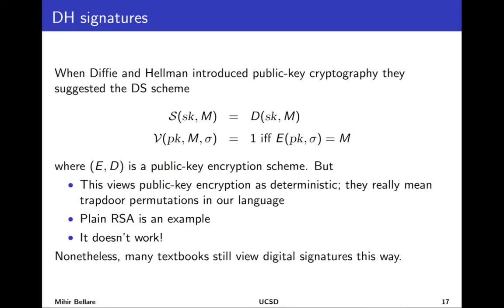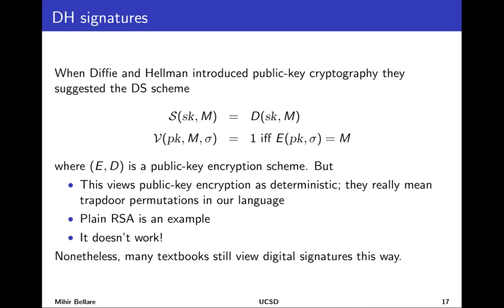In other words, they said when you want to sign a message under some secret key, you treat the message as a ciphertext and decrypt. When you want to verify that what was generated here is a correct signature on a message M, you encrypt the signature with the public key and see that you get back the message. And you can see that that's effectively what we did in our RSA example.